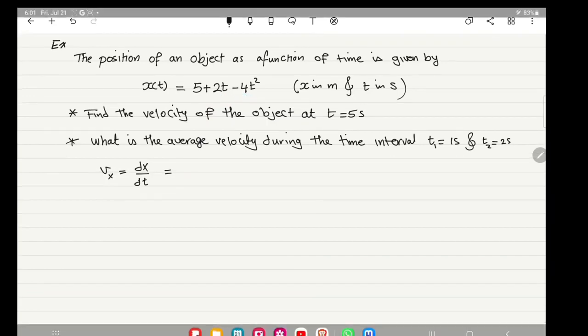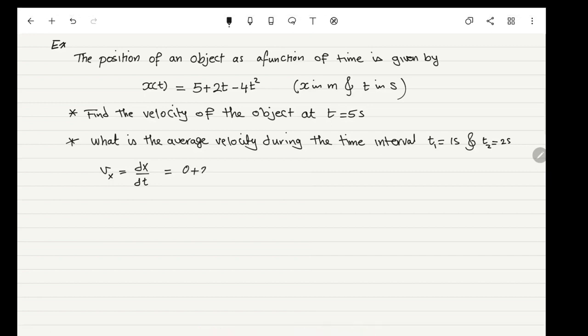So dx by dt equals 0 plus 2 minus 8t. Now, when t equals 5 seconds, you just substitute it back in here. You will get v at t equals 5 equals 2 minus 8 multiplied by 5, which equals minus 38 meters per second.